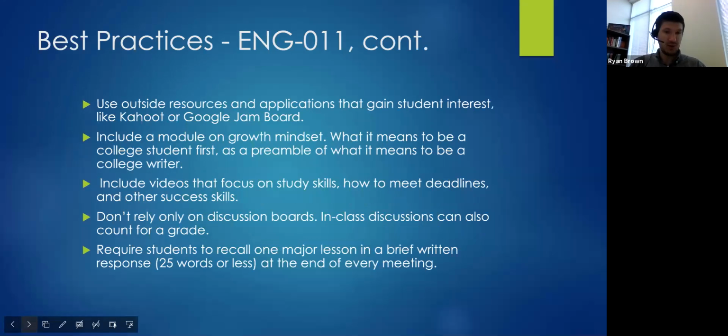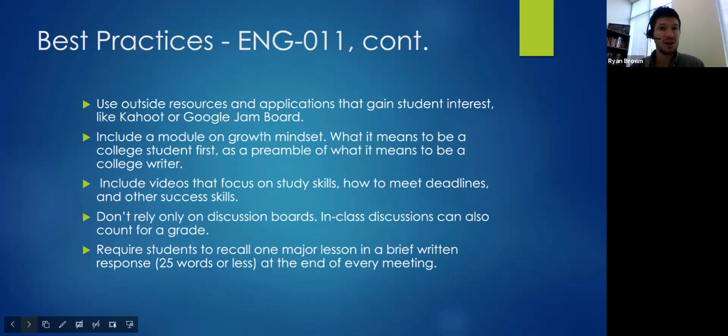Continue with best practices. We want to provide alternatives to learning that are engaging. This isn't just about lecture. Instructors or professors should sometimes perhaps get away from the traditional format and try to engage students on a different level.